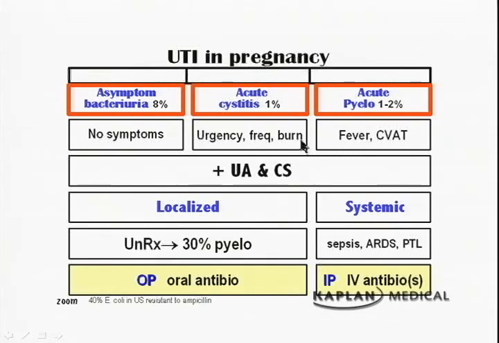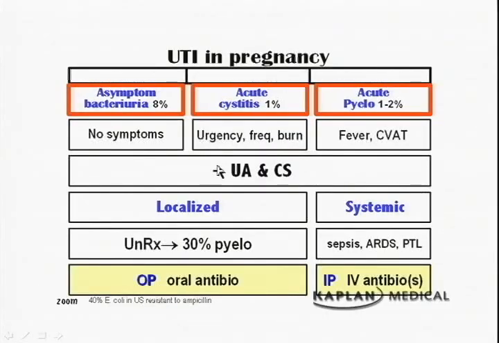Urgency, frequency, burning. This patient will not allow you to forget that she has an infection. She'll call up and say, "Doctor, the pharmacist says they haven't got the prescription from you yet." This is also diagnosed with a urinalysis and culture sensitivity. This is localized infection, not systemic. Again, the concern, if it's untreated, is pyelonephritis, and this can be managed with outpatient oral antibiotics.